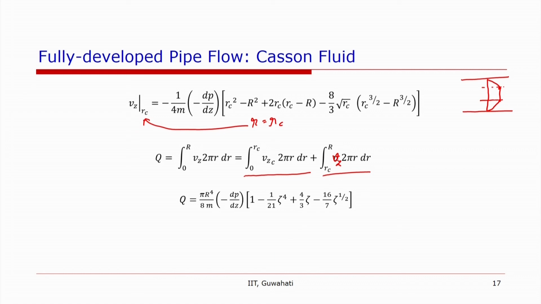So after the integration and substitution, we will get this flow rate, which is pi r to the power 4 by 8 m, minus dp by dz, into this entire factor, where psi in this factor is equal to 2 tau y by r divided by minus dp by dz.